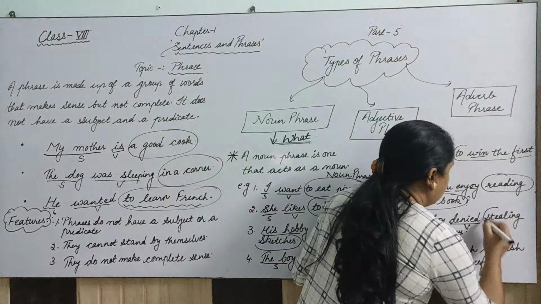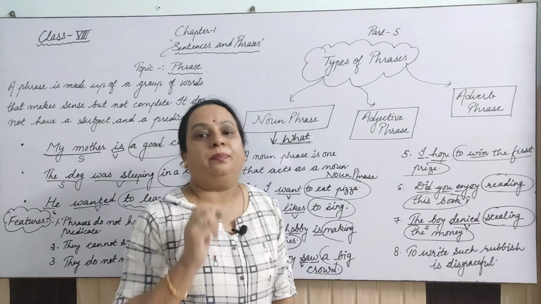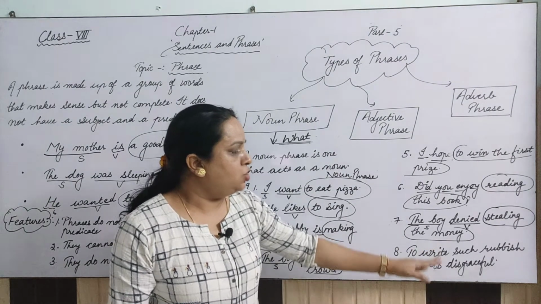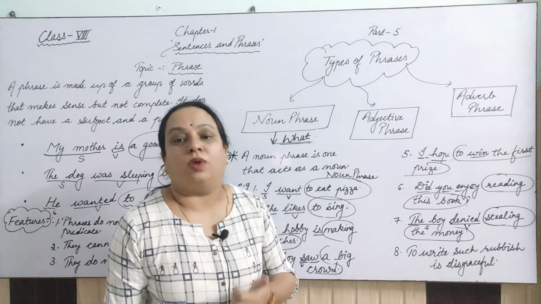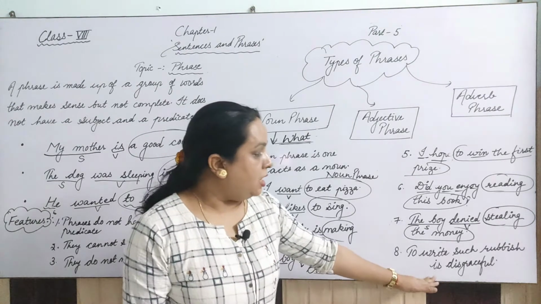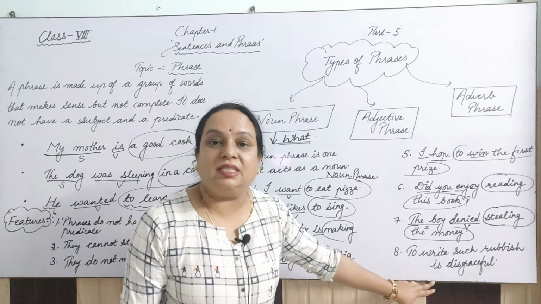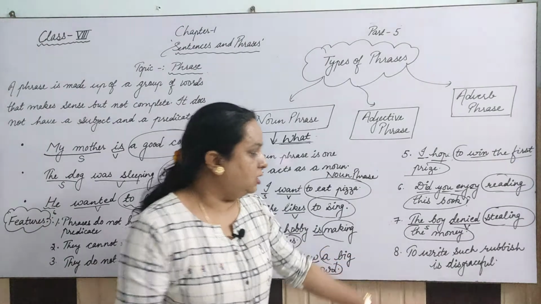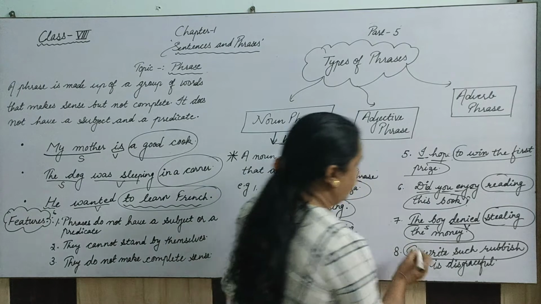So this stealing the money is which phrase here? That is a noun phrase. Next one is, to write such rubbish is disgraceful. Now, what is disgraceful? That is the question. So the answer is, to write such rubbish is disgraceful.